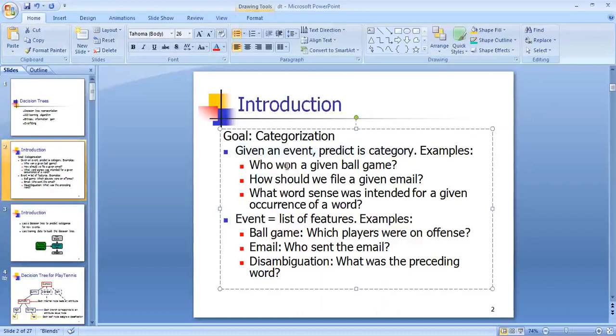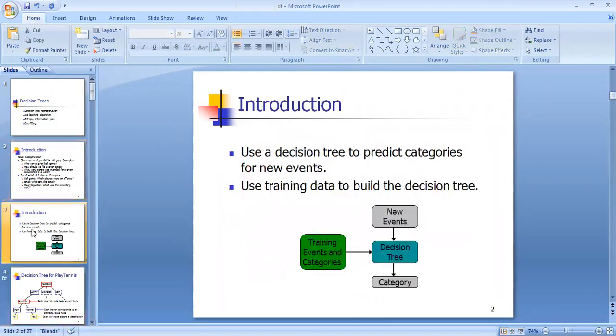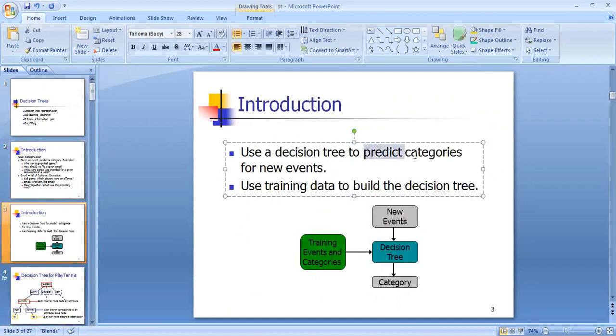Examples: who won a given ball game, how should we file a given email, what word sense was intended for the given occurrence of a word. Use a decision tree to predict the category for new events. Predict what? The category, meaning whether it is yes or no.